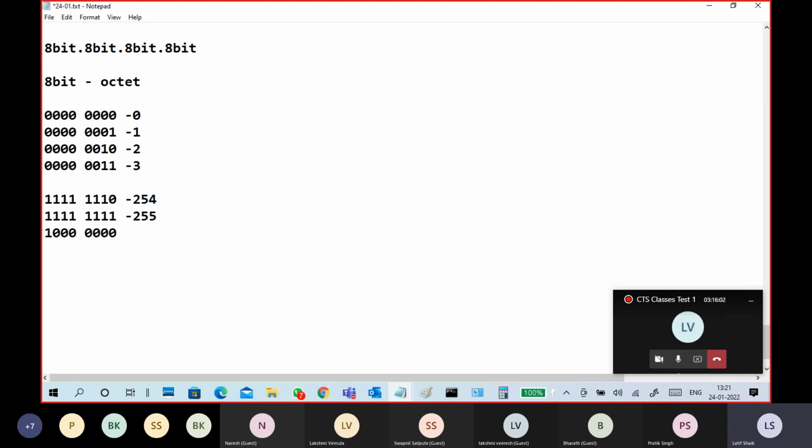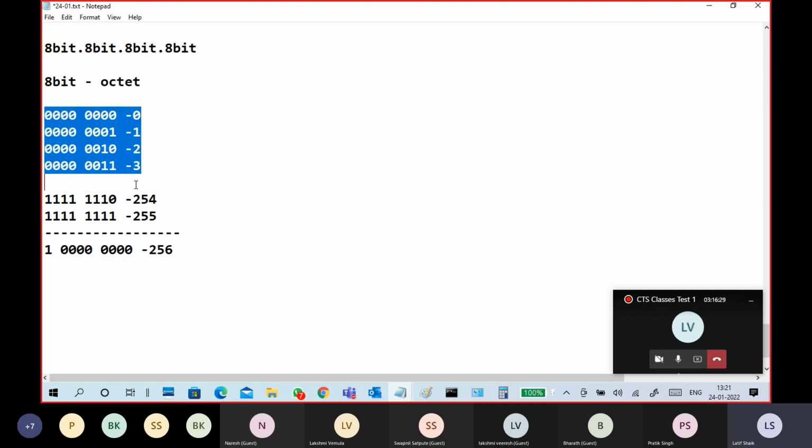This is the next number, 256. If you look here, this is 9 bits. The previous one is 8 bit, the final one. The next one is 9 bits.